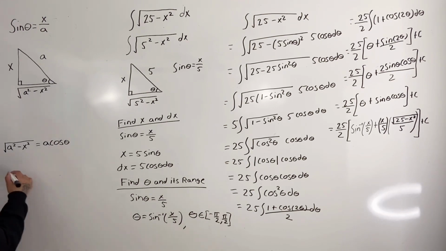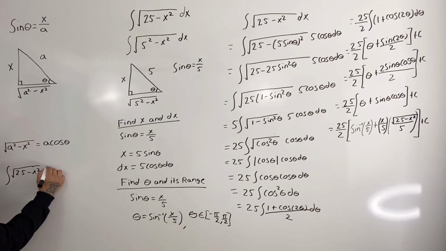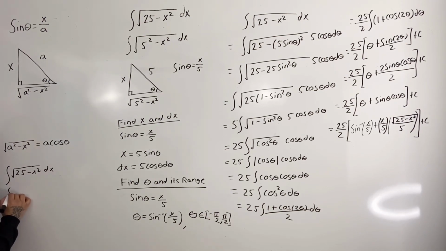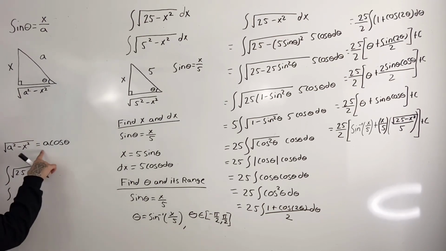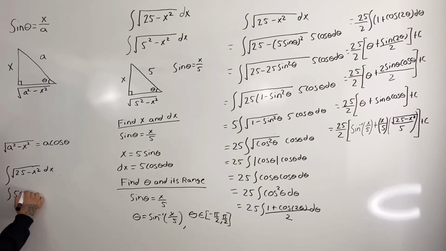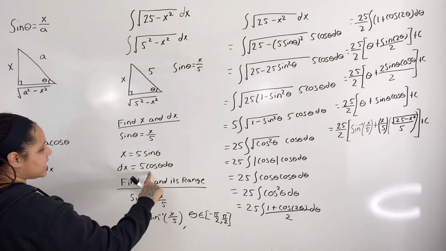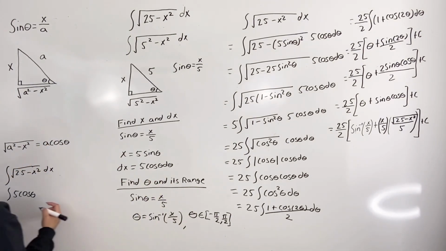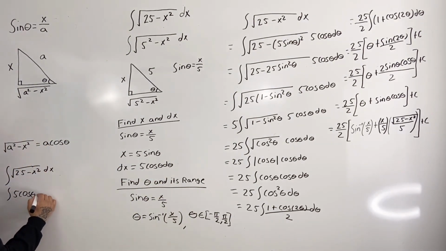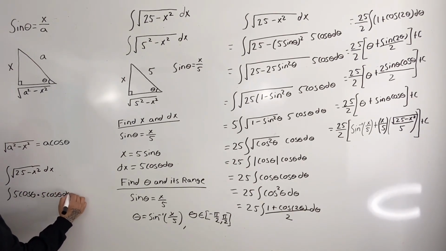So if I started here, the integral of the square root of 25 minus x squared dx would simply equal the integral of 5 cosine of theta, and of course you still want to replace dx with 5 cosine theta d theta, so that's still multiplied by 5 cosine of theta d theta.